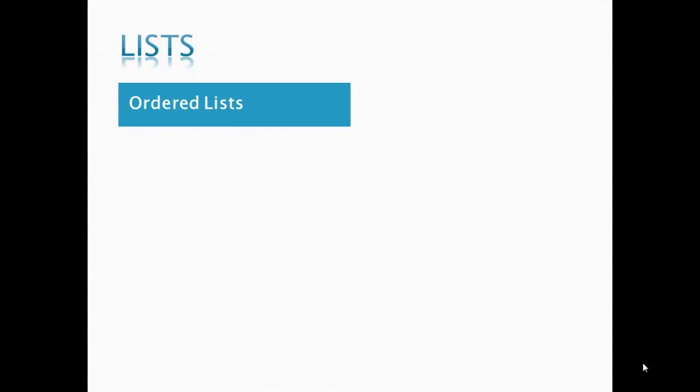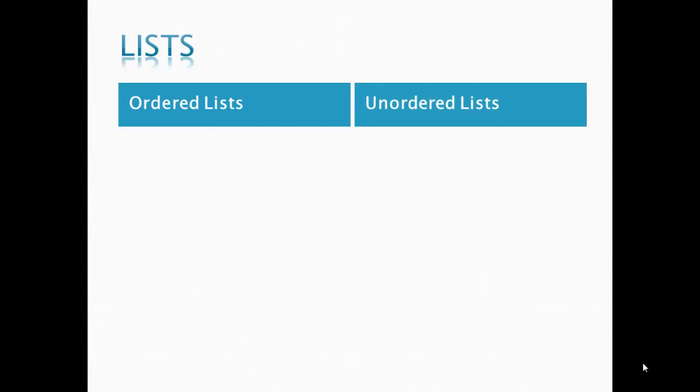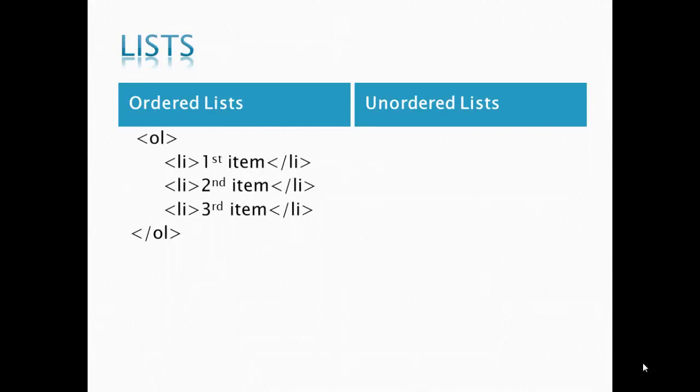Lists. The most commonly used lists are ordered lists, in which items in the list appear in sequential numbers or letters, and unordered lists, which use bullets instead of numbers. To format an ordered list, you designate a series of lines of text as list items and then enclose them in the appropriate parent element. Here is an example.